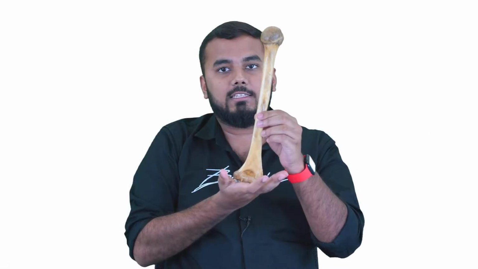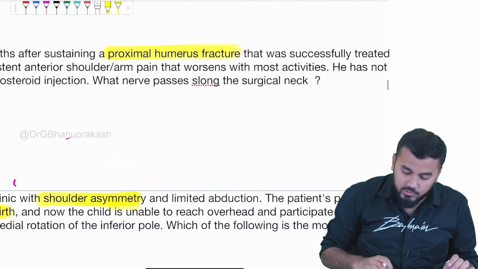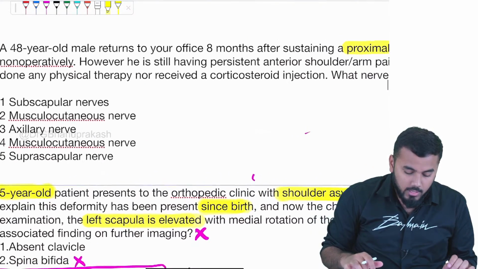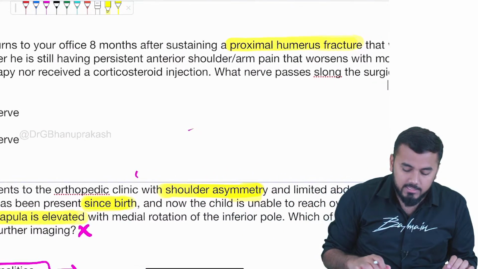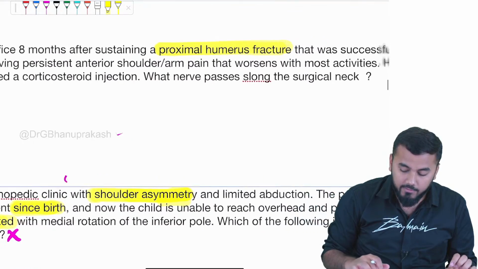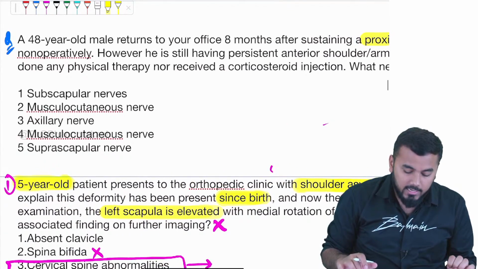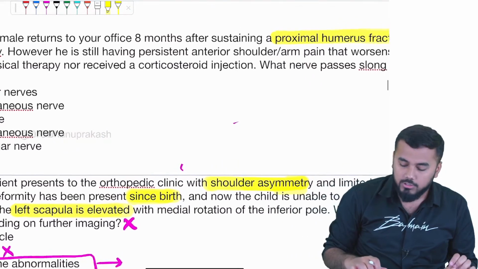What is distal? This is distal. Towards the body is always proximal, right? So that was successfully treated. However, he is still having persistent anterior shoulder arm pain that worsens with most activities. He has not done any physical therapy, not received a corticosteroid injection.